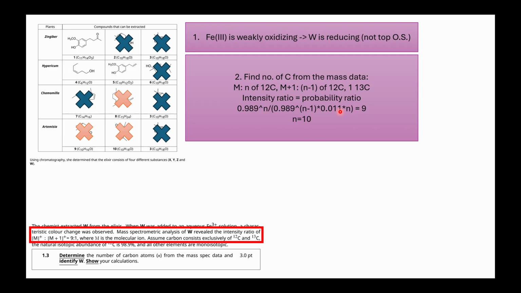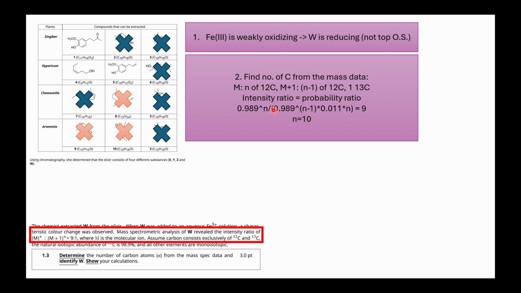Then you can choose any of these n carbons to be the 13C, so you multiply this by n. By dividing this ratio, you get the ratio of M plus to M plus 1 plus, which is 9:1, which is 9.